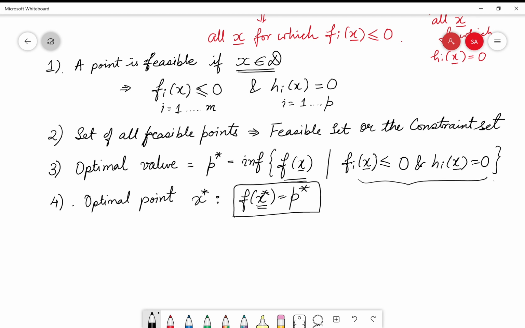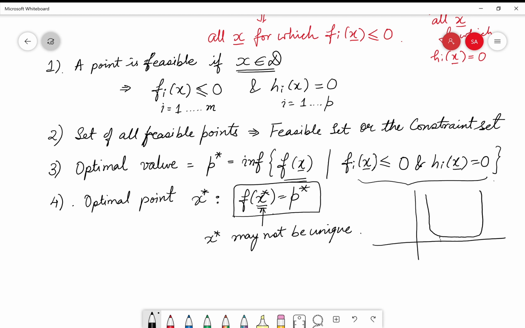And now this point x star may not be unique. How? Suppose you have a function something like this. Suppose a function attains a minimum value and remains flat for some time and then goes up. So over this domain, at all these points x, your function value is minimum.